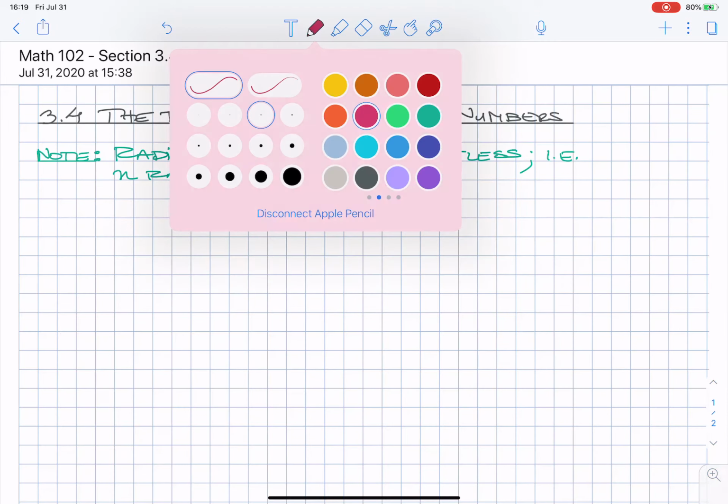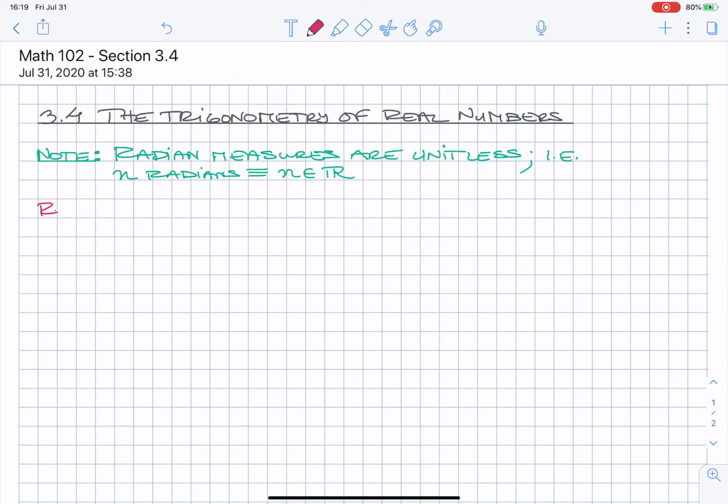Okay, so let's recall, and let's go ahead and use our symbol sheets some more.